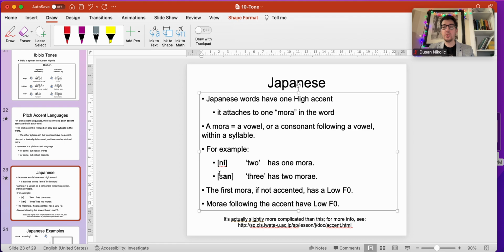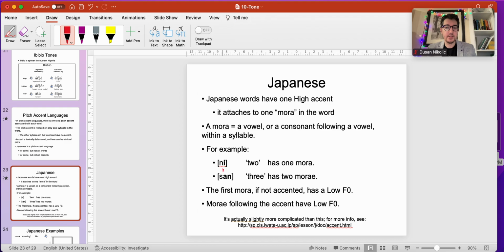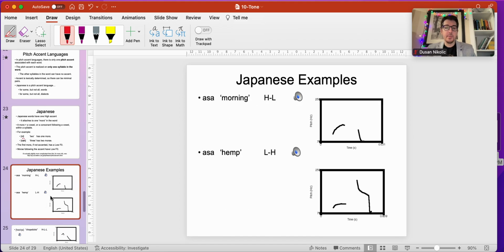So any mora that follows the accent, like for example n here, will have low F0, and we will have HL in this case. Maybe like this. High low tone, right? Probably that's the case. But let's see.